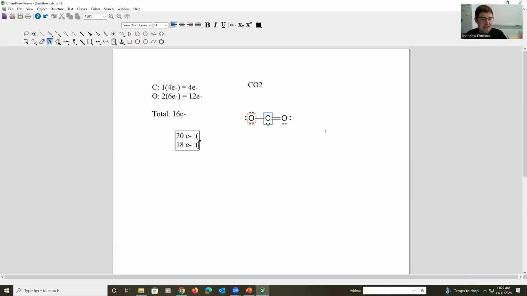So the summary statement here is for every additional bond, like a double bond, that you add, it's going to cut down your number of electrons by 2. Okay. And since we're sitting at 18 and we want to get to 16, we should probably do the same thing on the other oxygen atom and carbon atom too.